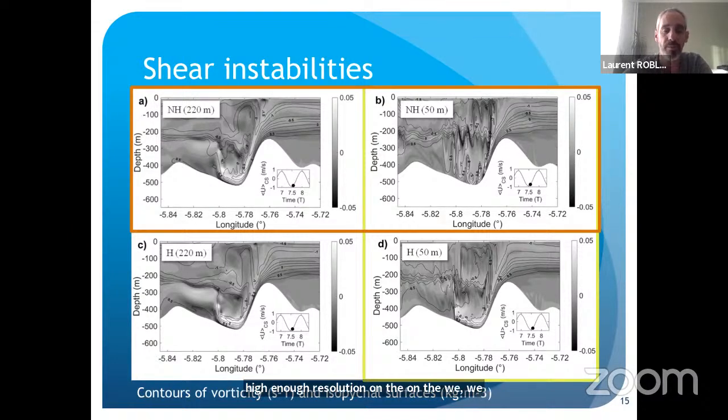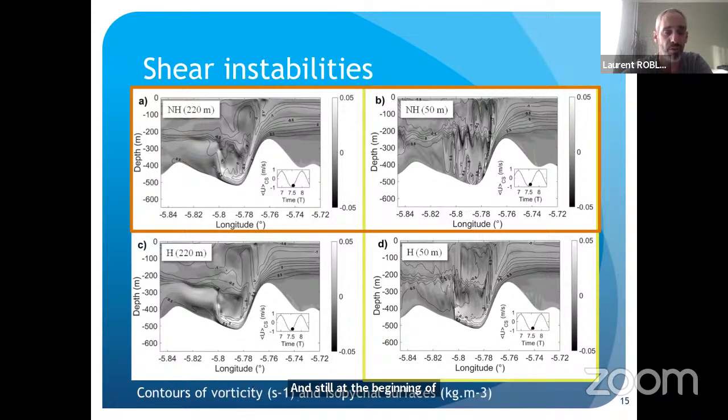We'll show here the same kind of contour. This time, this is a contour of y-axis vorticity in grayscale, still with isopycnal surfaces overlaid, and still at the beginning of the tidal outflow.